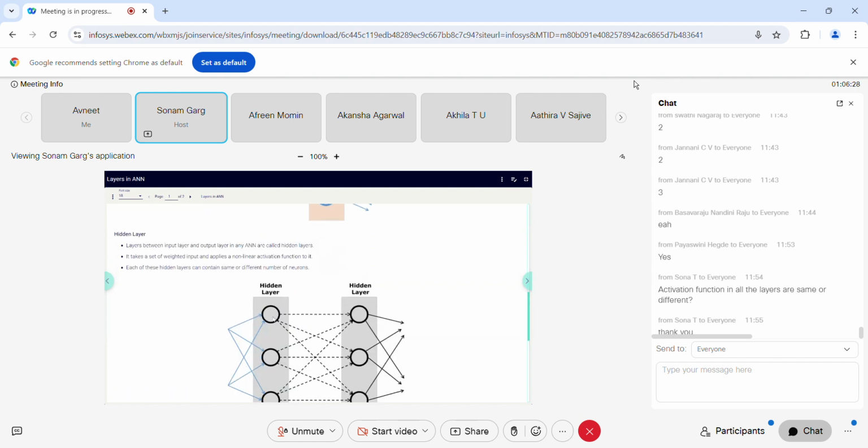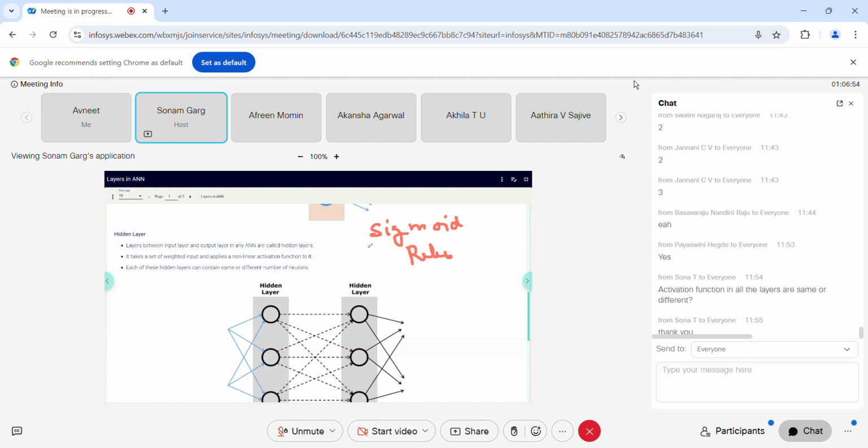Now in these layers you have neurons. What happens in these neurons? Let's say we have activation functions like the sigmoid function, the ReLU function, and some other types of functions as well.